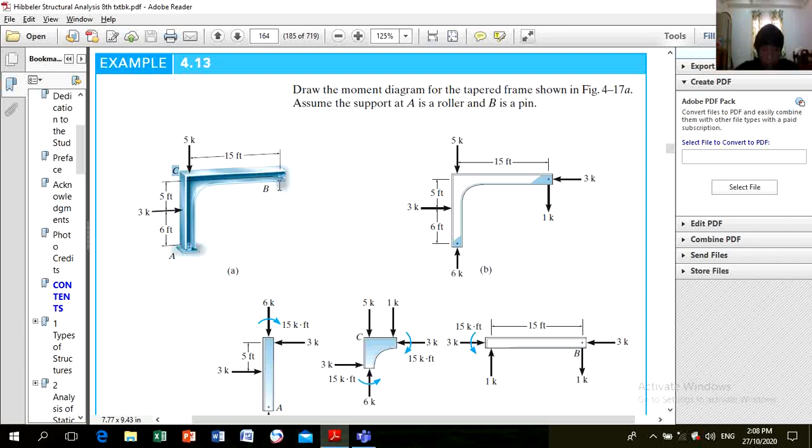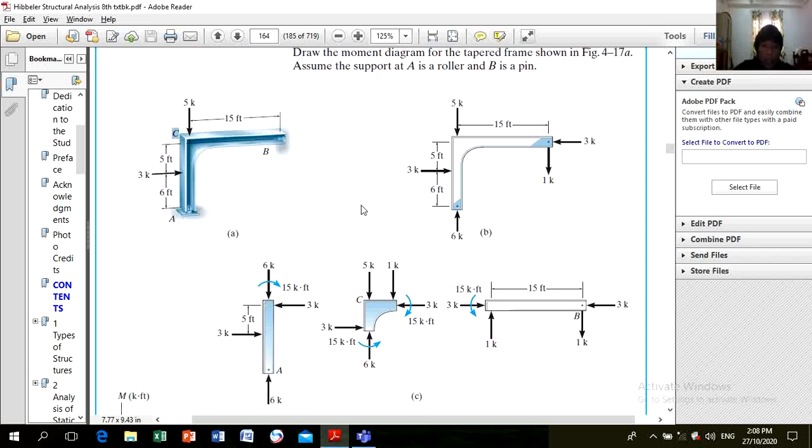So this is 1 downward, and summation of forces along Y, 5 plus 1 is 6. So these are now the reactions. Here 6 because this is a roller, then you have the pin, which is 1 kip downward, and horizontal going to the left 3 kips.